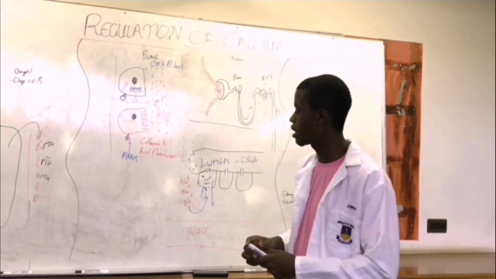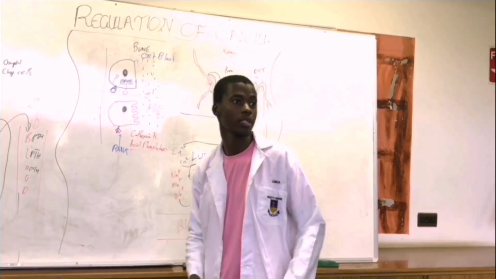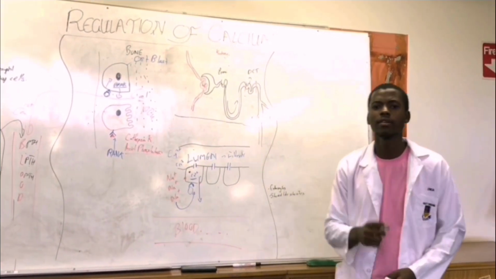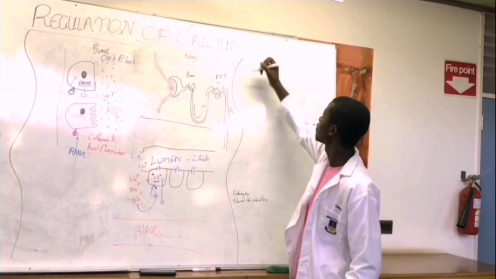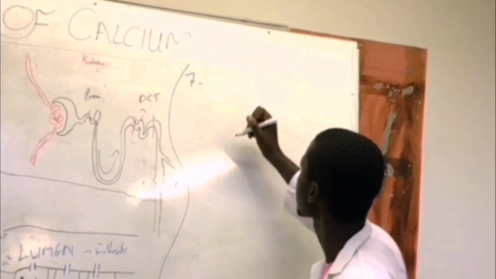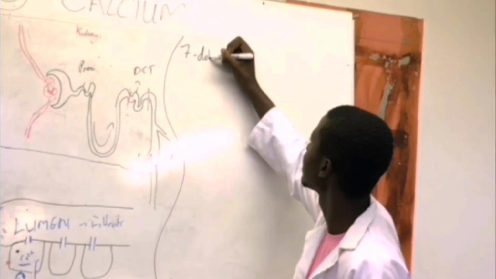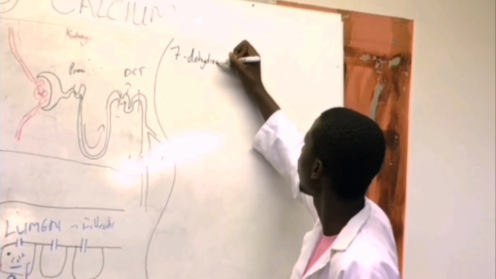So what happens is that it acts through vitamin D. In your skin, you have this compound called 7-dehydrocholesterol.